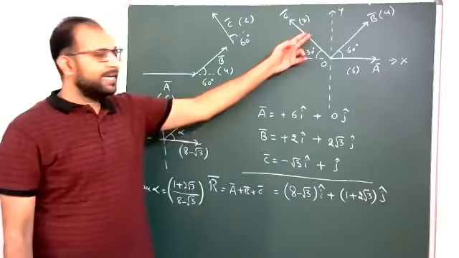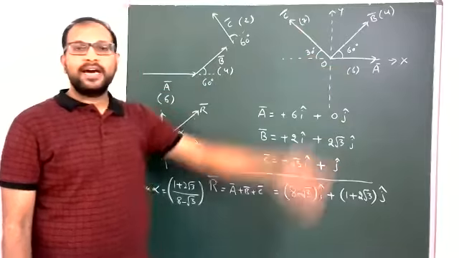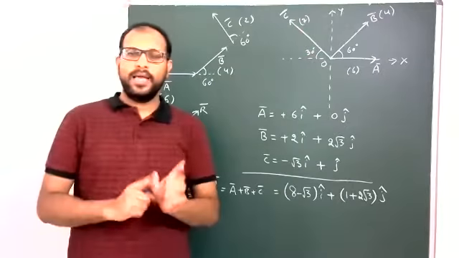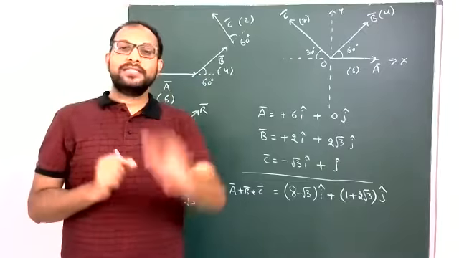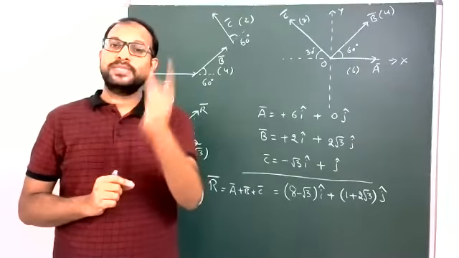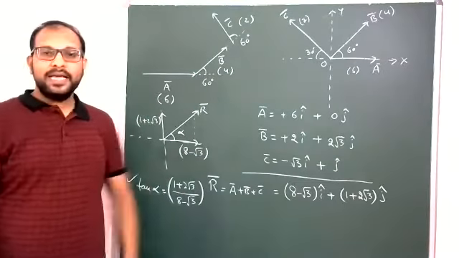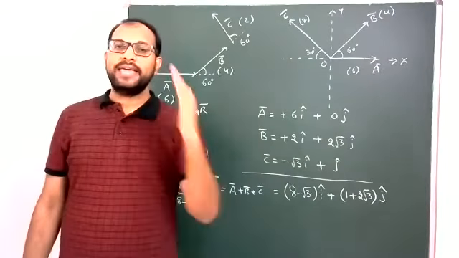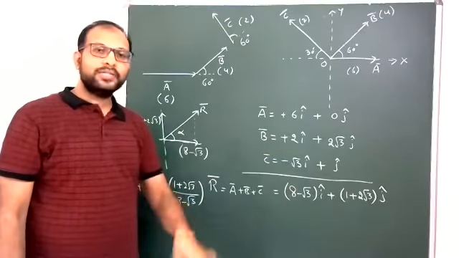Now concentrating only on coplanar vector addition. So this is coplanar vector addition. The first step: you need to draw all vectors in a coordinate system such that all vectors start from the same point, that is the origin. Then resolve all vectors along x and y, according to the quadrant.